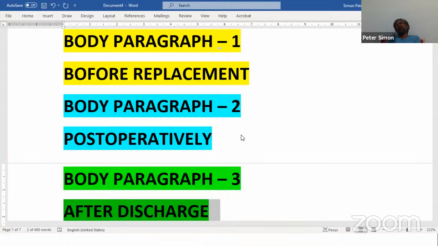Everything will go to the first paragraph. And after discharge, everything will go to body paragraph 3. And what activities, actions, suggestions, recommendations, exercises or diet plan were given during the hospitalization or post-operatively, that you have to write in the second paragraph.